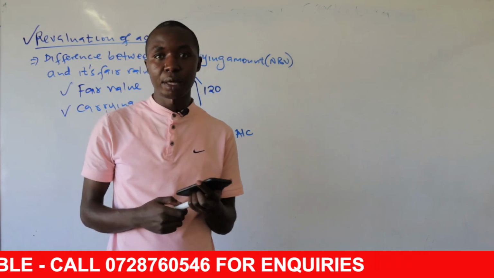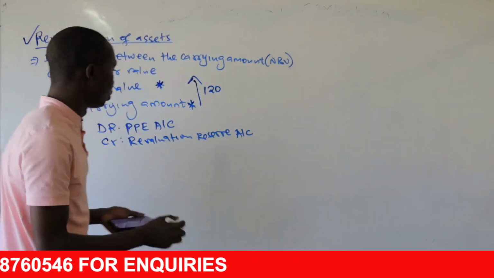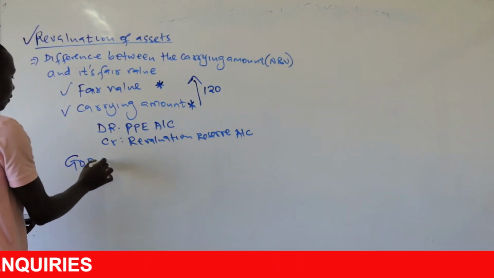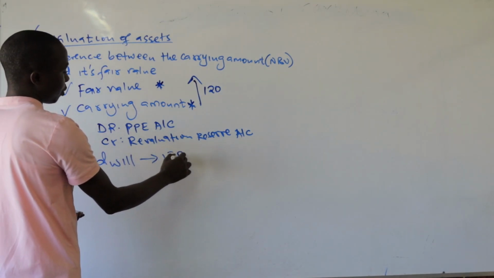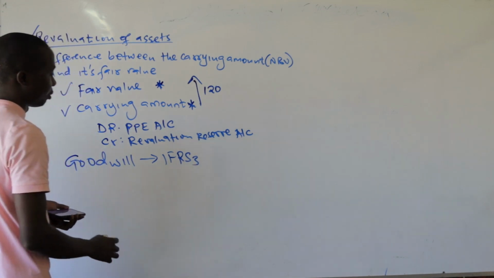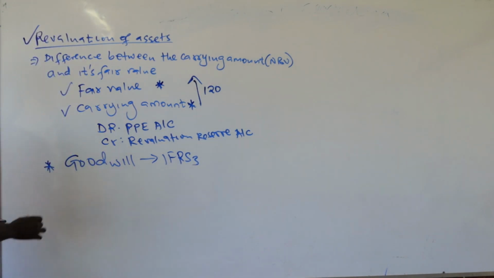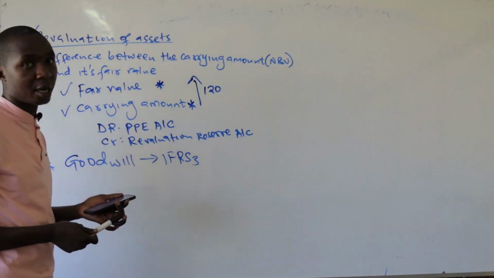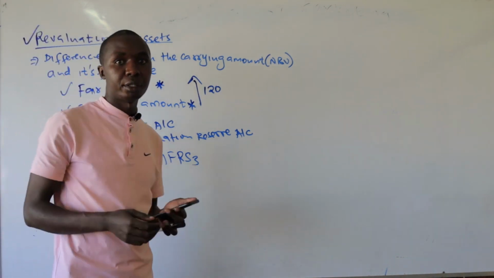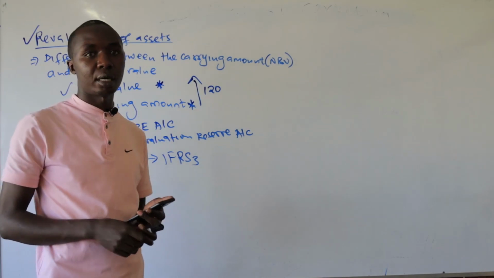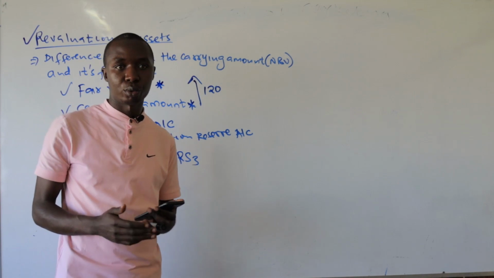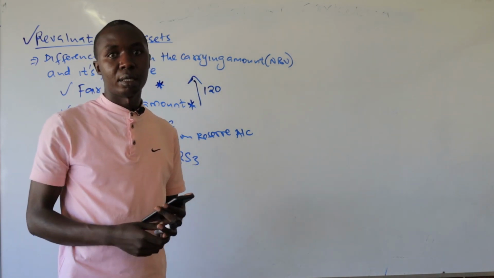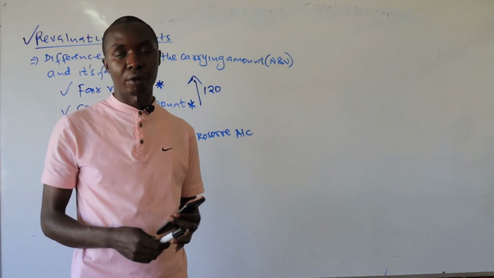So remember that there is something called goodwill according to IFRS 3. Goodwill is all about the economic benefit expected from an asset, and you cannot separate the goodwill itself from the asset.